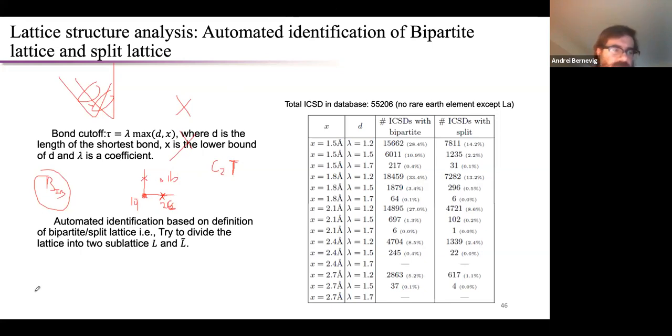With C2 and T, this is 1B. And this is 1C, okay? Those are the positions with C2. If I put C4, I have the 2C position, but I don't want to have eigenvalues. So C2T is an anti-unitary symmetry that doesn't have eigenvalues, okay?